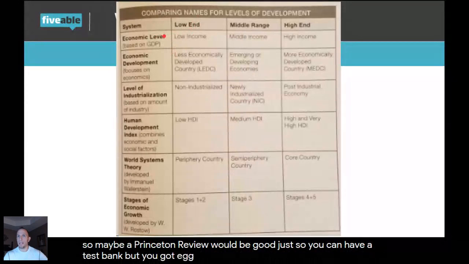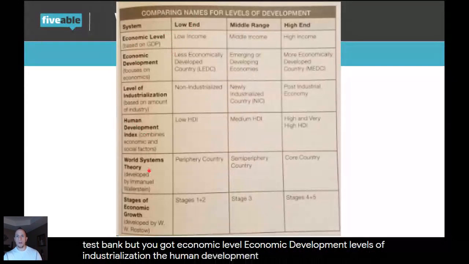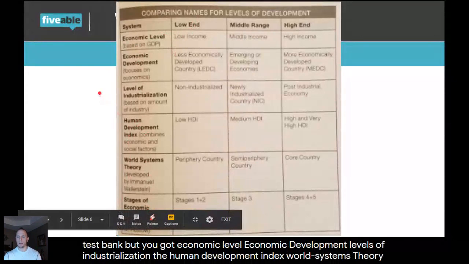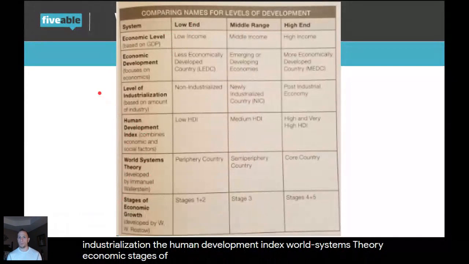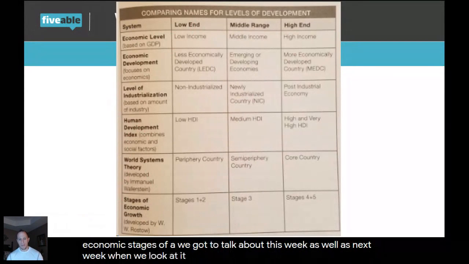But you got economic level, economic development, levels of industrialization, the Human Development Index, world systems theory, economic stages of economic growth. All right, these are all things we're going to talk about this week as well as next week when we look at economic interdependence.